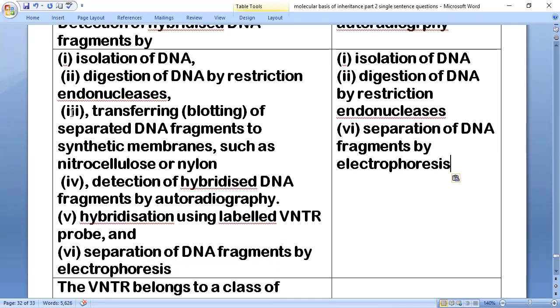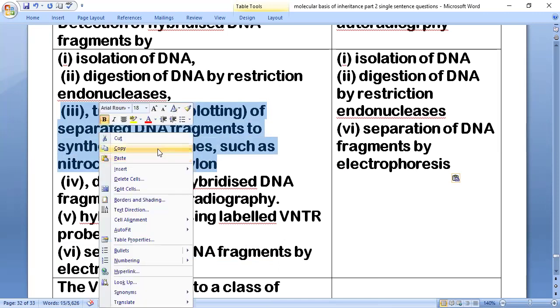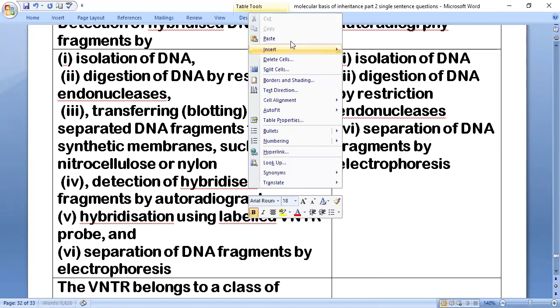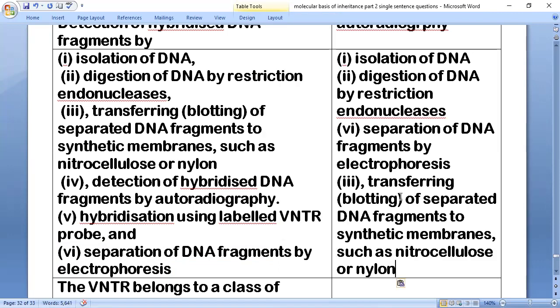What next? Transferring separated DNA fragments to synthetic membranes such as nitrocellulose or nylon. What next?